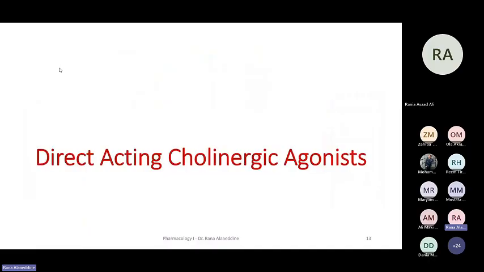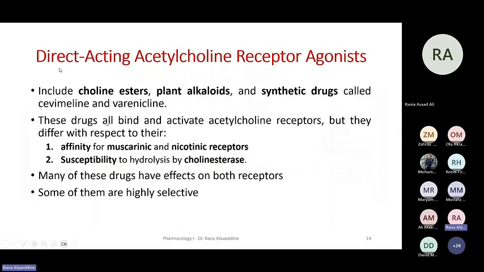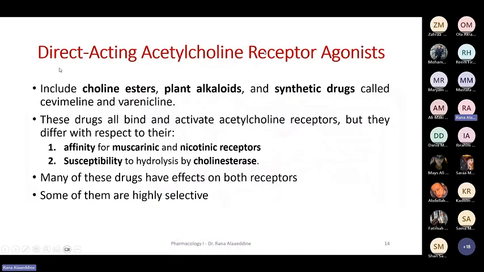So we're going to start with the direct acting acetylcholine receptor agonists, and those are the drugs that act directly on the receptors. They are agonists. We're going to differentiate between them and their forms, whether they're natural, modified, or completely synthetic.